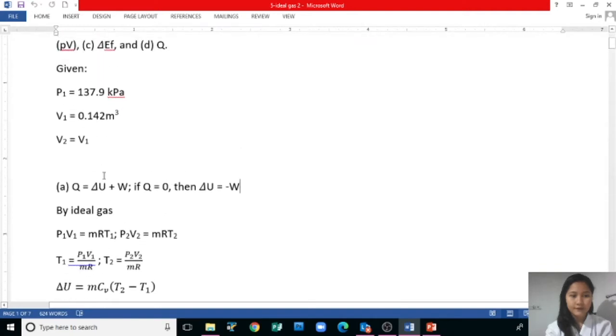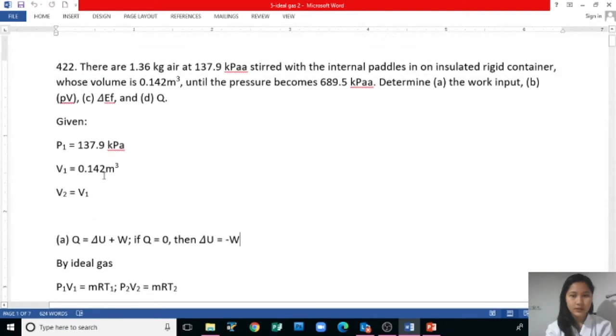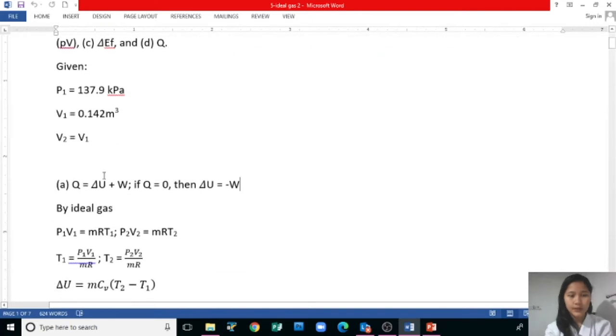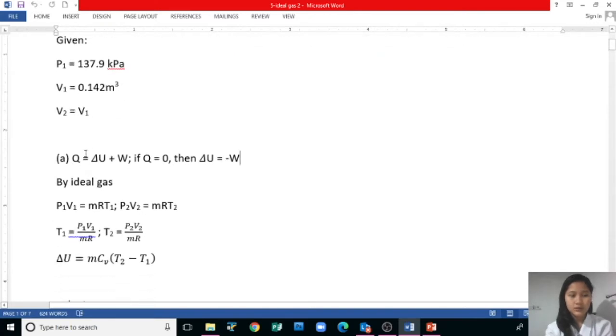So for finding the work input, we have Q, or the transferred heat, is equal to delta U plus the W. So then if the Q is equal to 0, then delta U, or the change in the internal energy, is equal to the negative of the work.